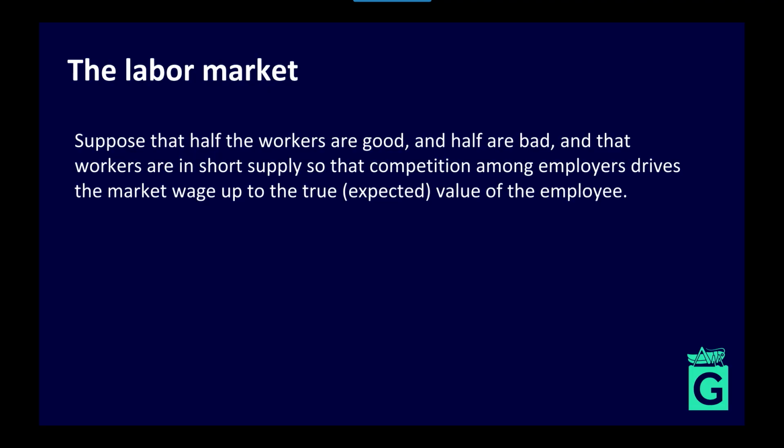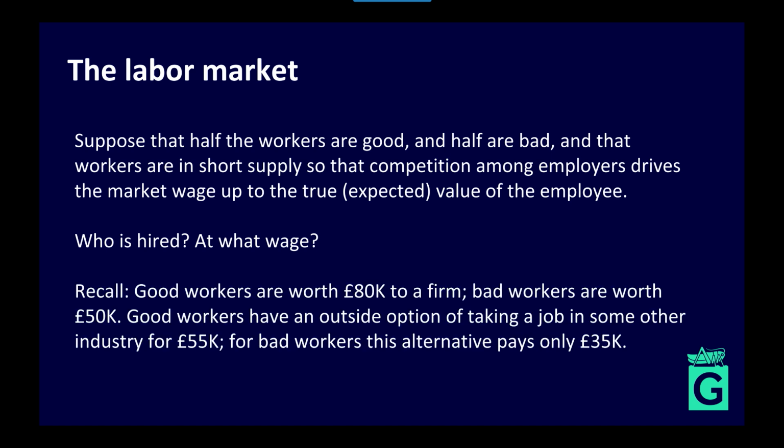Now, competition among employers drives up the market wage to the true expected value of the employee. Assuming that's true, who is hired and at what wage? Remember that good workers are worth $80,000 to the firm, bad workers are worth $50,000. Good workers have an outside option, taking that other job, which they don't really want, but they will take it if that's the worst case, for $55,000.